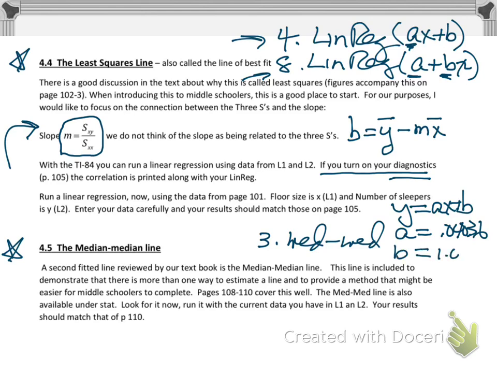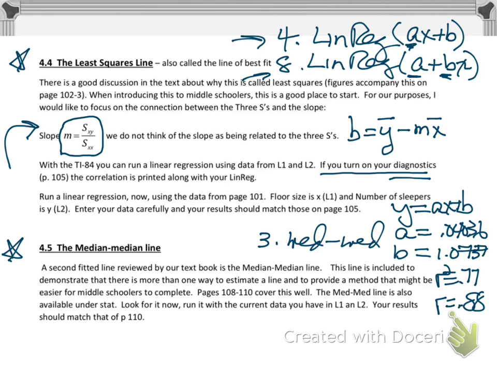B is 1.0737, I guess. And your R squared is 77.77, and your R is 0.88, which means you have a strong positive correlation between your X and your Y.